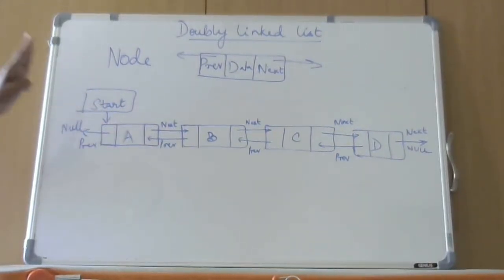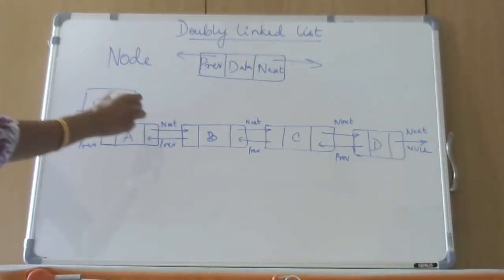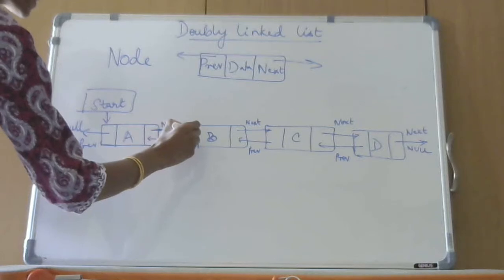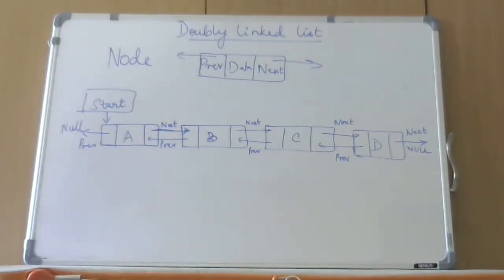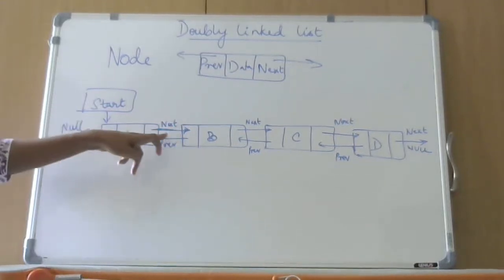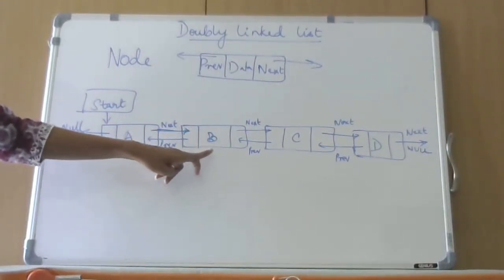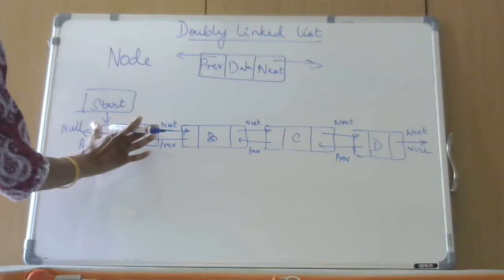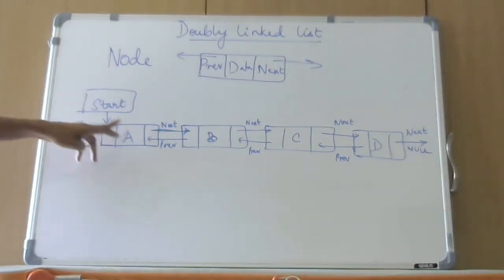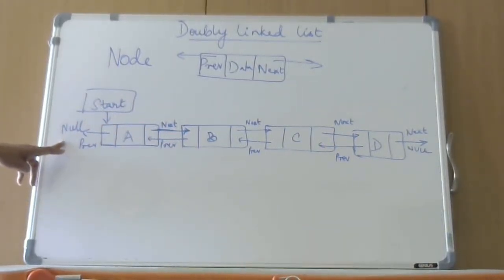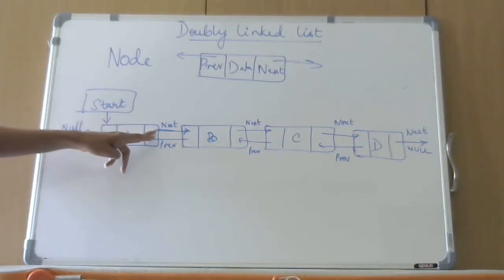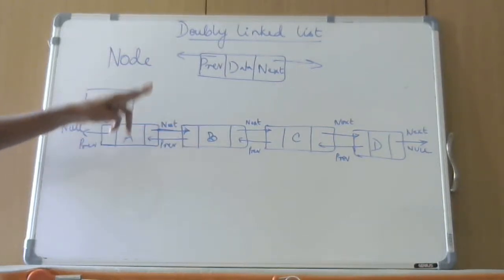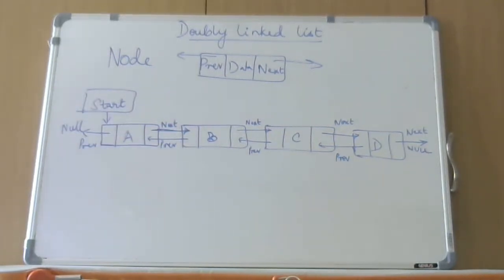This is the starting node. Next is going to point to the next node, that is, next is going to hold the address of the node B. So those are the two pointers of A. Previous of A is going to point to null. Next link of A is going to point to B.